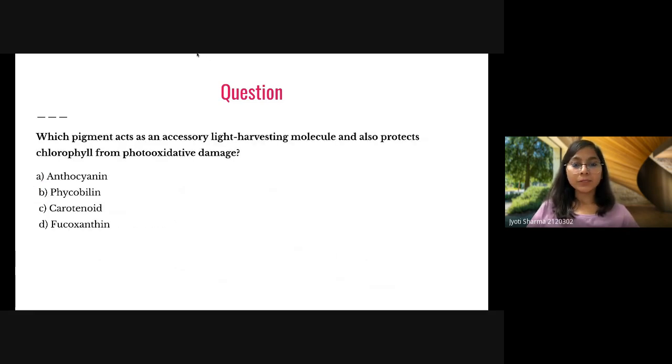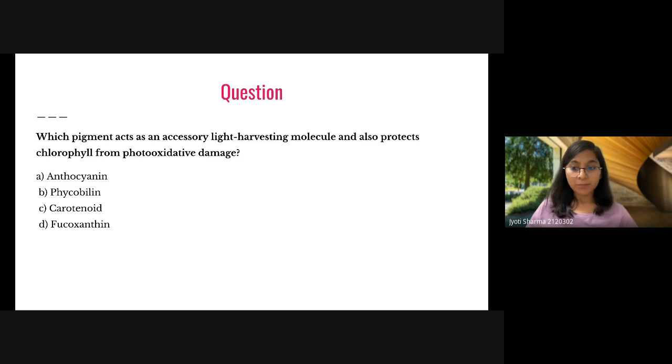Okay, next coming to another question. We have already learned that we have one pigment, chlorophyll, and that chlorophyll is utilized for photosynthesis, right? But we have various types of pigments in the chloroplast or in the plants, and you have to tell me about the pigment that can act as an accessory light harvesting molecule and also protect chlorophyll from photooxidative damage.